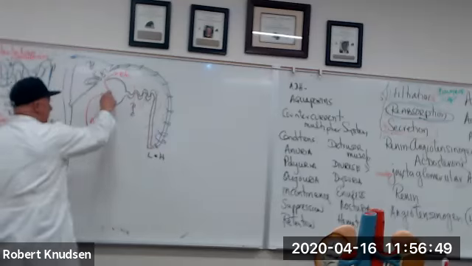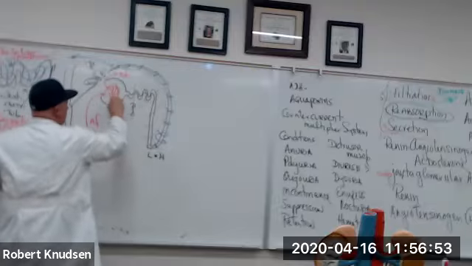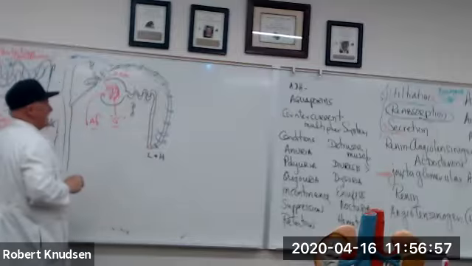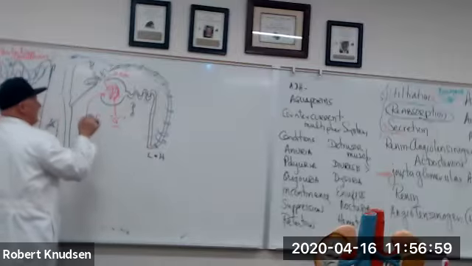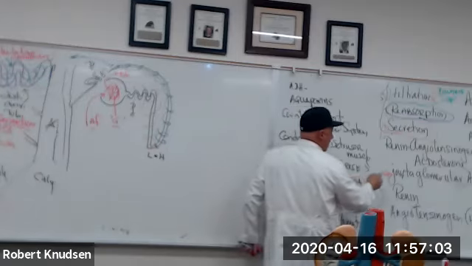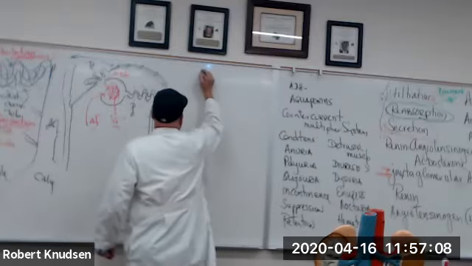It's called the juxtaglomerular apparatus. Remember in between here was glomerulus? Okay, the juxtaglomerular apparatus. This is what I'm talking about right here. It consists of three things.